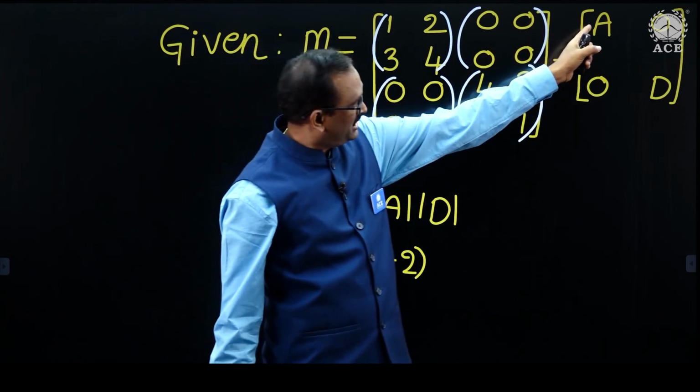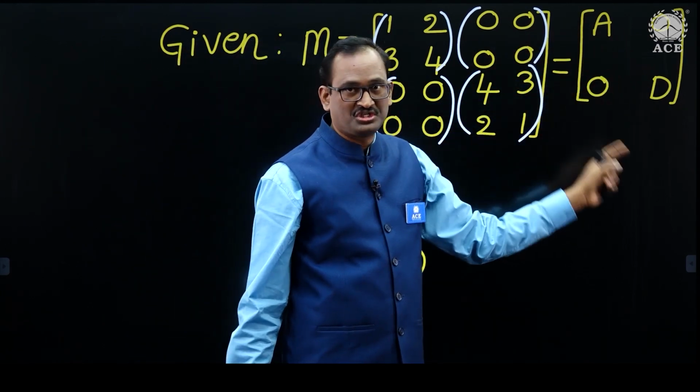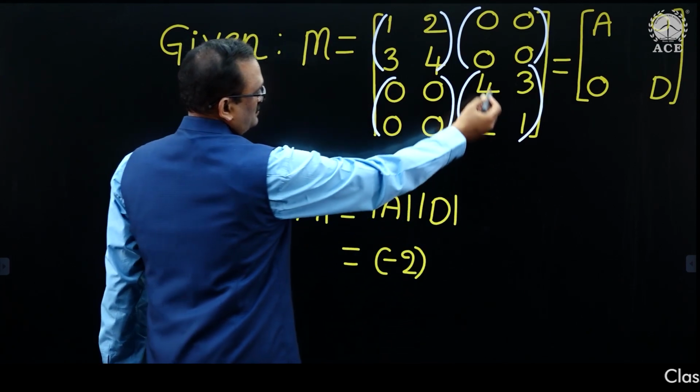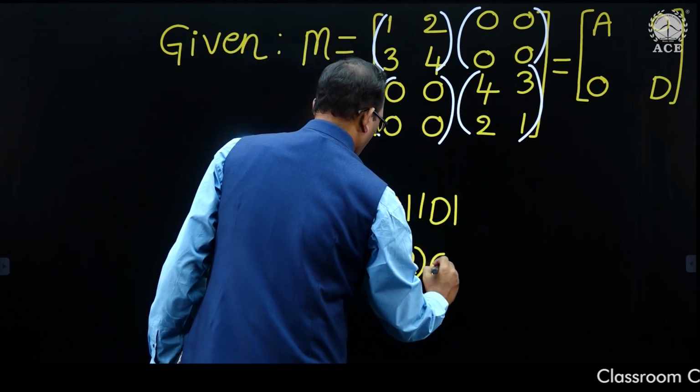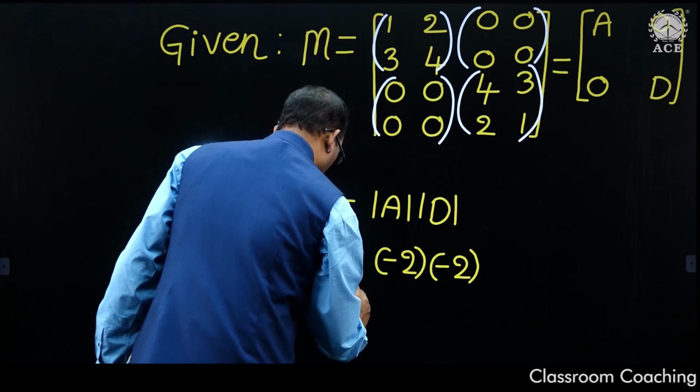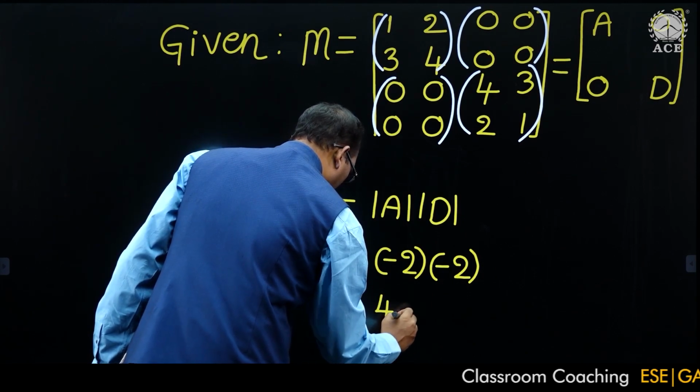So M is equal to A into D minus 0. That D is again 4 minus 6, minus 2. This is equal to 4.